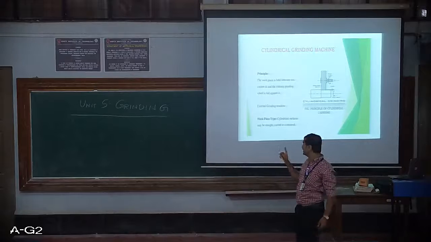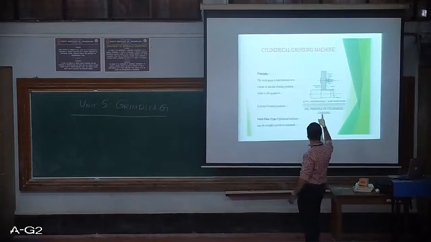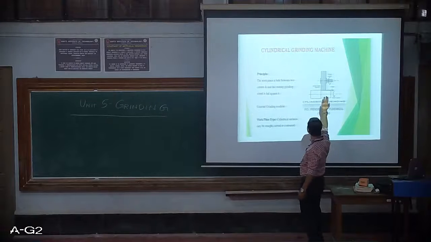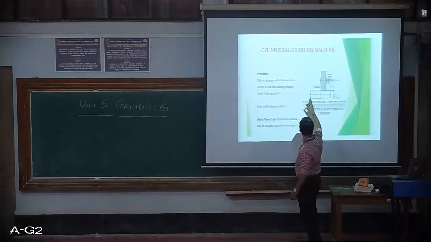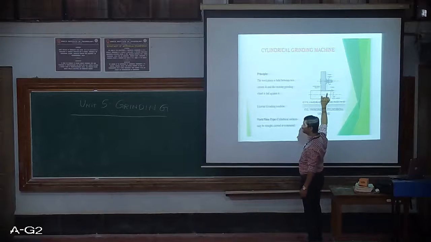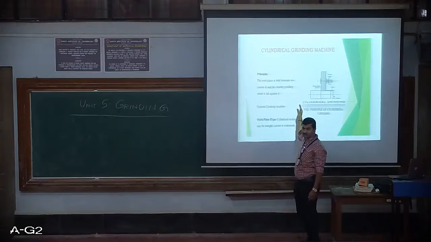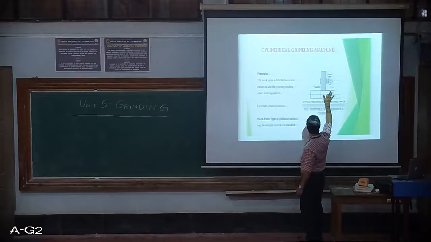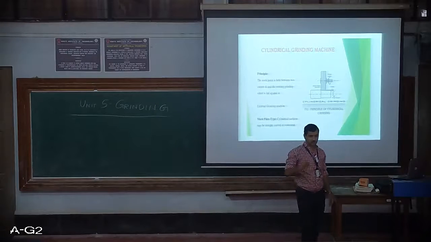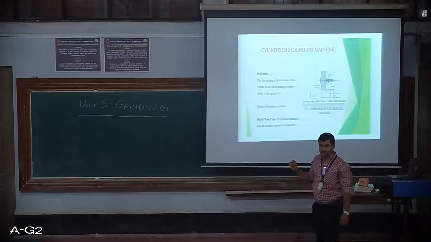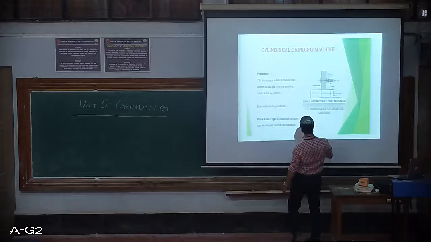The work is also revolving, and the grinding wheel is also revolving. Both are rotating at some speed, and when the grinding wheel is brought in contact with the workpiece, it will go on removing a layer of material. That is how it works. This will also be rotating at a high speed.